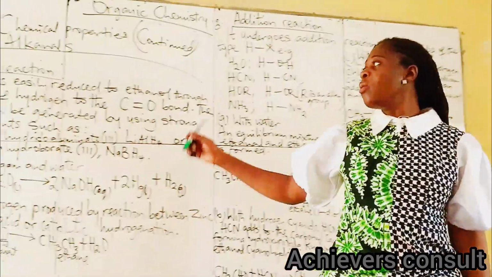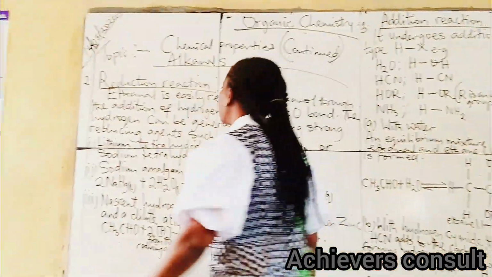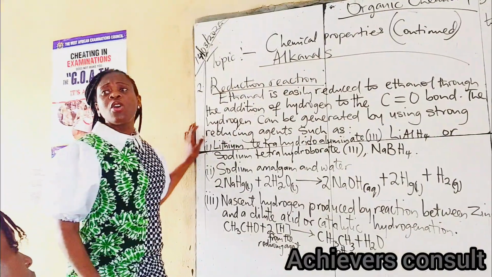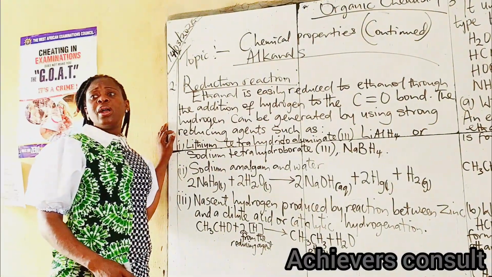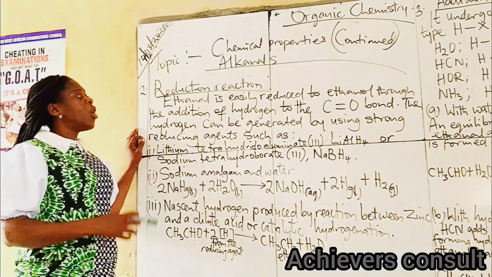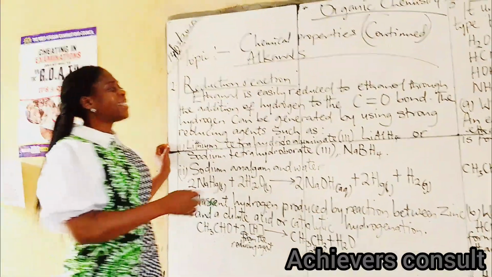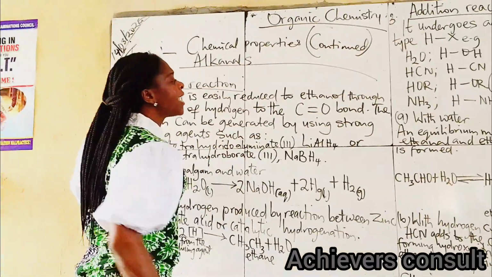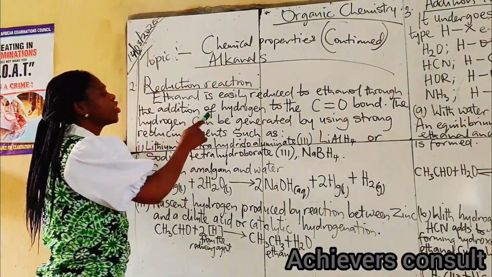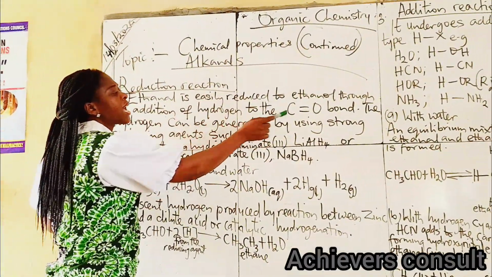So today we want to look at reduction reaction. They don't only undergo oxidation reaction, they also undergo reduction reaction. Ethanal is easily reduced to ethanol through the addition of hydrogen to the carbonyl bond.